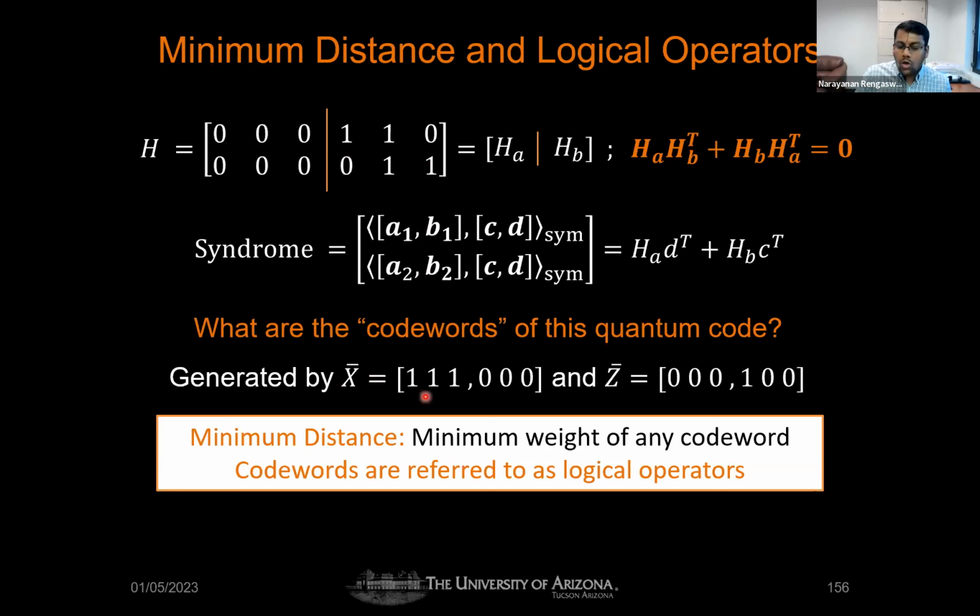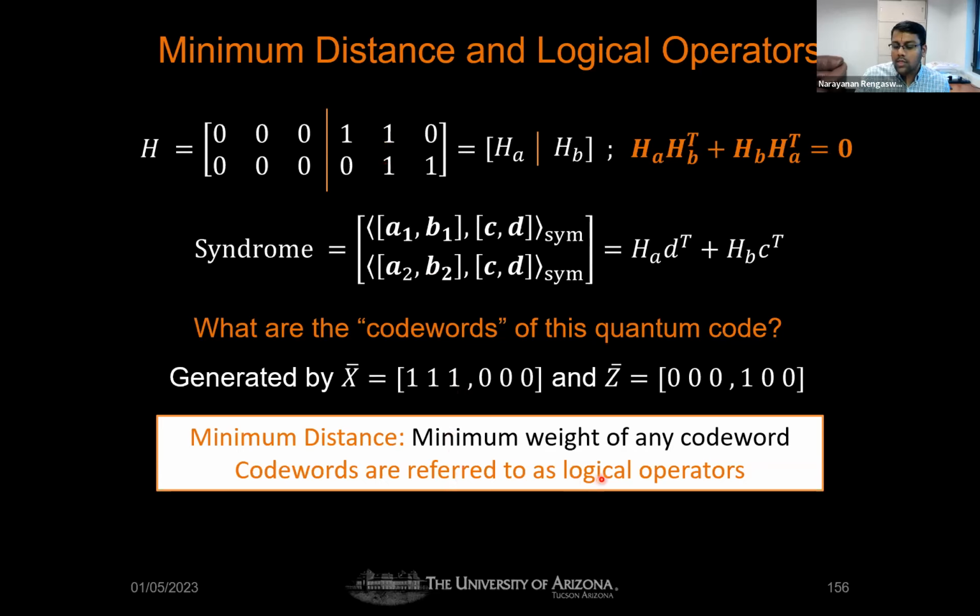But there are also non-stabilizer vectors. For example, I've shown you 2 of them here, which also commute with the stabilizers, but which are not themselves stabilizers. So 111, 000 and 000, 100 for this particular example are vectors that commute with the stabilizers. They have symplectic inner product 0, but they are not themselves stabilizers.